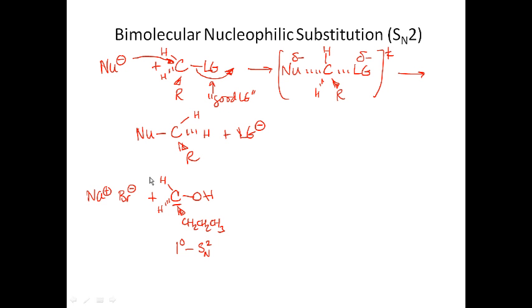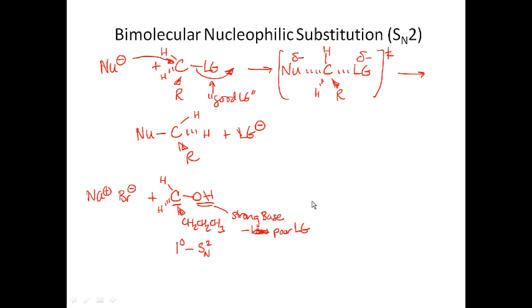But the problem here is that the leaving group, this OH group, turns out to be a strong base, or at least a stronger base, and so it's actually a very poor leaving group. Leaving group ability is based on one thing, which is basicity, and it's inversely related.